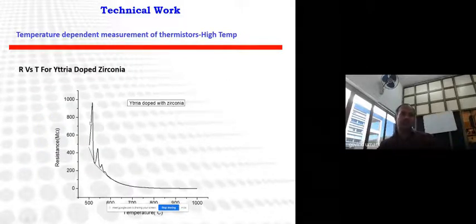In this case, what we observe is that this is a yttrium doped zirconia material, and there is a large variation at the initial stage, then it got saturated. The change in the resistance is very less, from around 800 degrees Celsius to 1000 degrees Celsius.